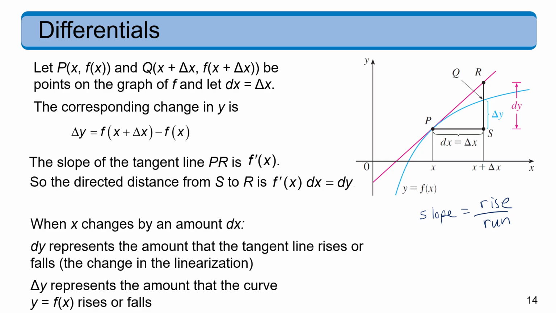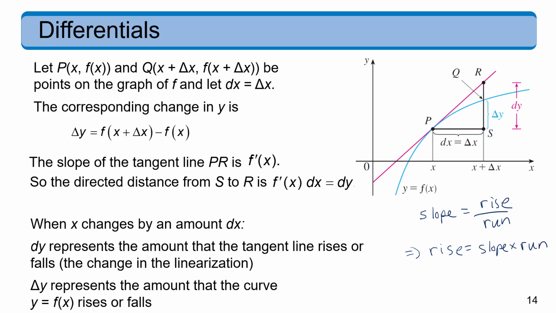And if you solve this for rise, because the rise is what we're trying to find, we're trying to find what this length is. We're calling it dy, but we want to prove that it really equals the dy as we defined it. So I'm going to take what I just wrote and solve it for rise. So I get rise equals slope times run.